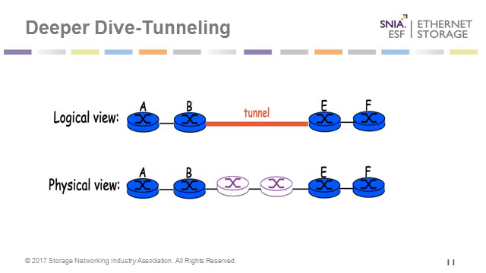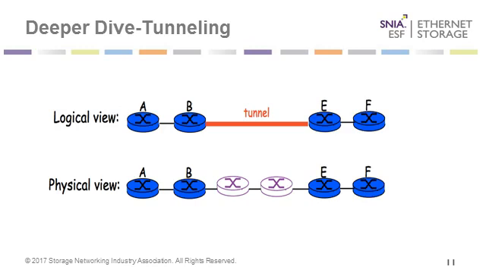In the case we have up here in the deeper dive, the logical view has A and B. A is trying to send to F. A has an original frame that has come into it, and it needs to communicate with something hanging off of F. So A sends to B, B then encapsulates and tunnels over the original network, over the original protocol, to E. E decapsulates it and then sends it on to F, so that they can decapsulate again to get to the proper frame.